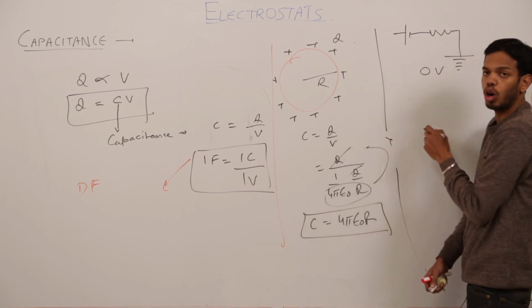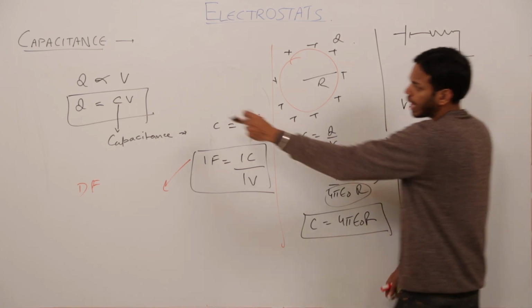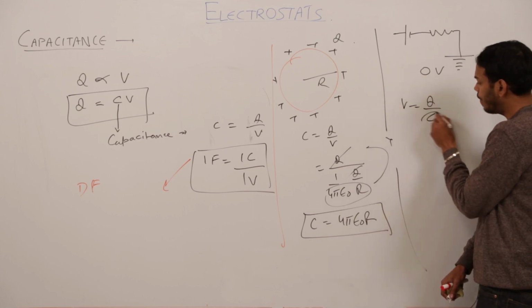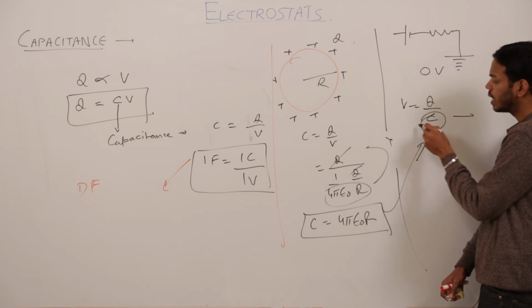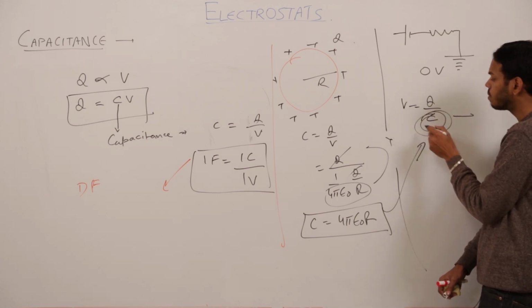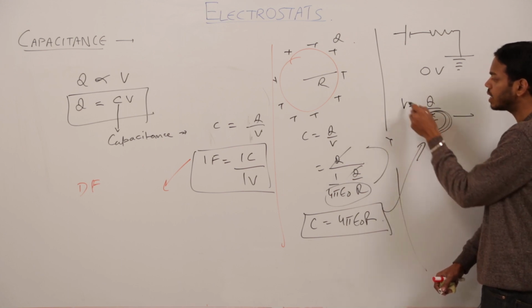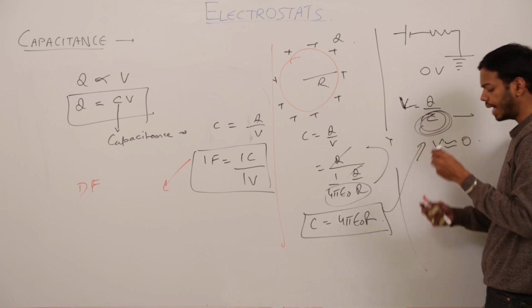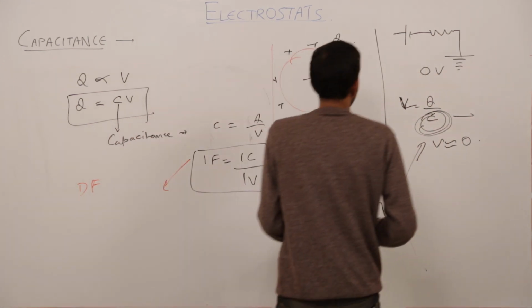Why is Earth called 0 volt? The reason is very simple. According to the formula, V is Q upon C. The value of C for Earth using this formula is very large, since R is 6400 kilometers. So V is approximately equal to 0. Hence, the potential of Earth is always taken to be 0.